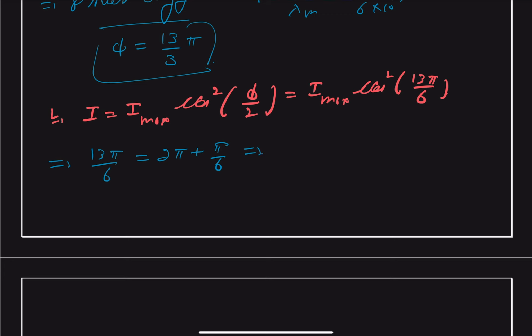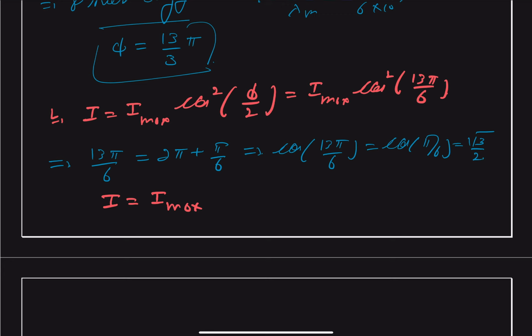So this gives us that cos of 13 pi by 6 will be equal to cos of pi by 6, giving us square root of 3 divided by 2. And this tells us that our I will be equal to I max cos square.